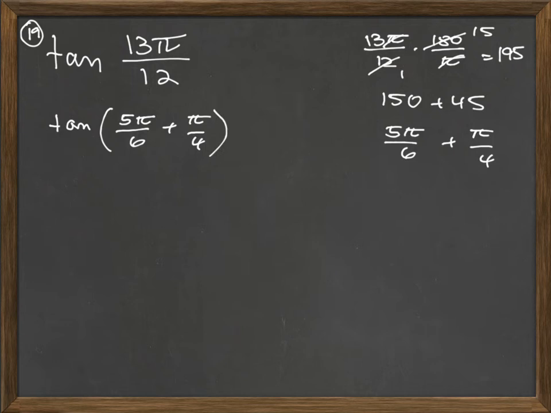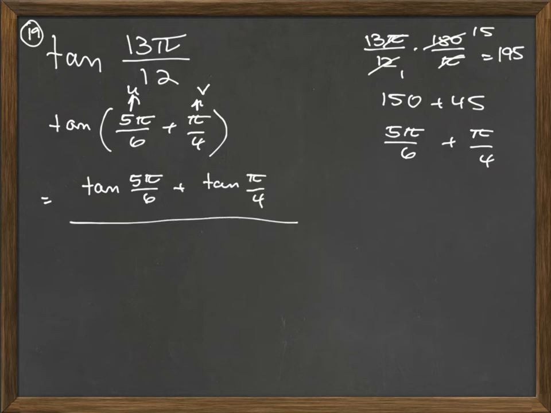Tangent formula. This is u, and here we have v. So the tangent formula is the tangent of 5 pi over 6 plus the tangent of pi over 4, over 1 minus tangent 5 pi over 6 times tangent pi over 4. Okay, let's get to work.